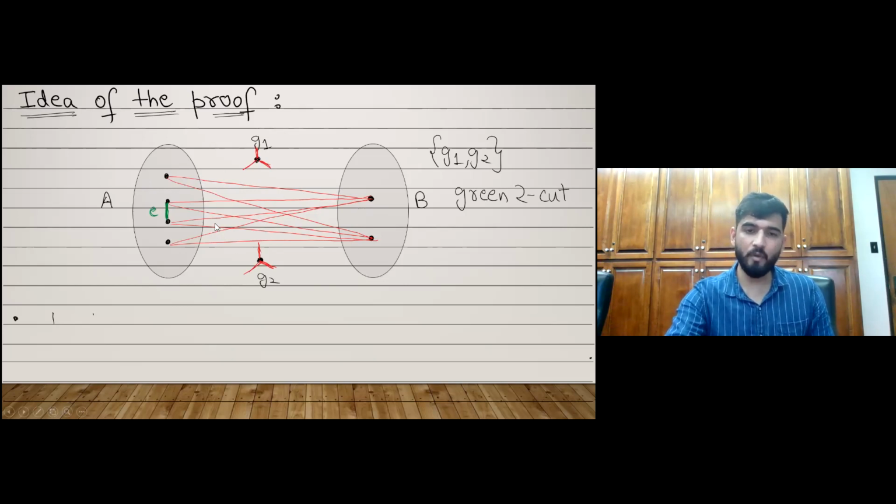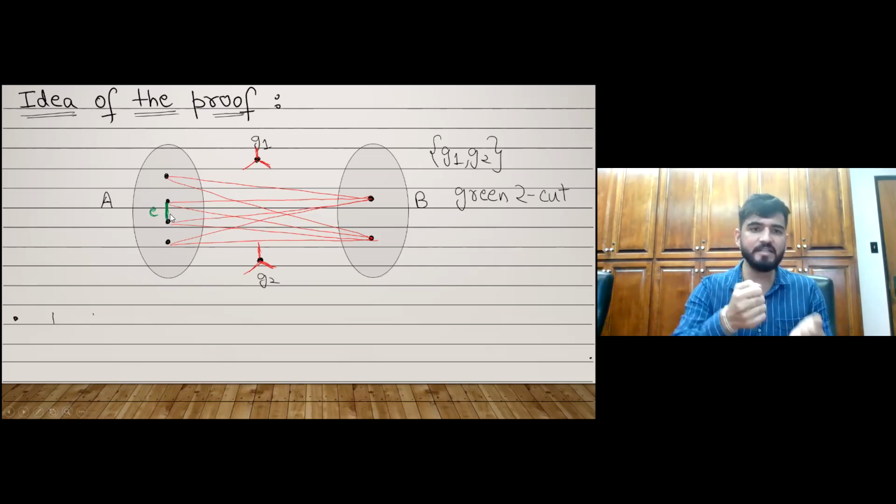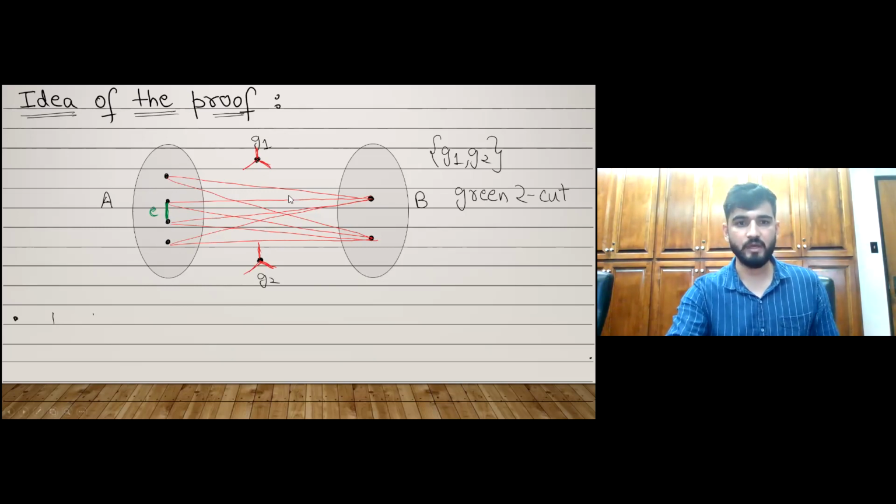So if you can see from here, the red graph is highly connected, and these vertices G1, G2 have latched onto this highly connected graph using the red edges that they have. Now, if I can find a contractible green edge, meaning a contractible edge of the original graph, and by contractible I mean I contract it and do not affect the two-connectivity of the green graph, then the two-connectivity of the red graph is also not affected, okay?